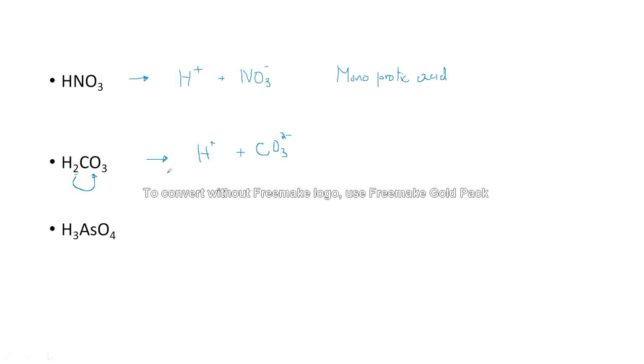Okay, now let's try to balance. There are two hydrogen atoms on the left hand side, but only one hydrogen atom on the right hand side, meaning that we need to have 2 beside the hydrogen ion. In that case, 2 hydrogen ions, 1 carbon, 3 oxygen, 3 oxygen. So that is a diprotic acid.